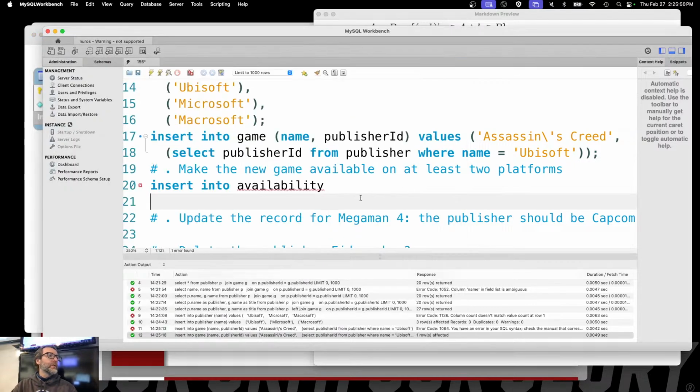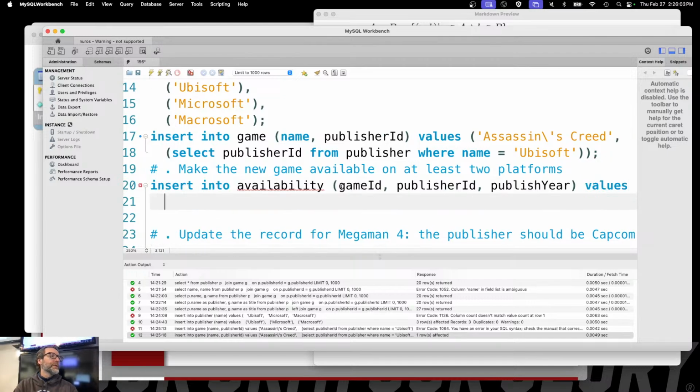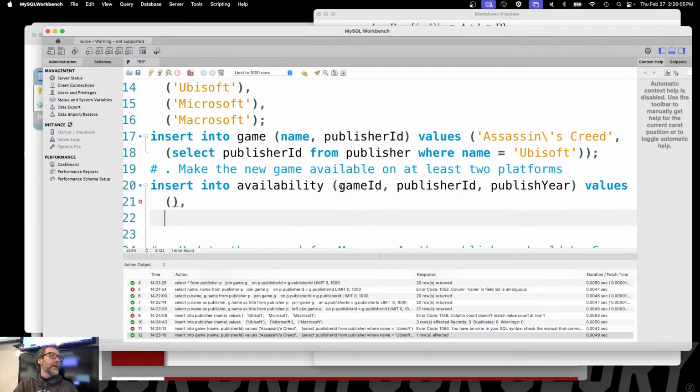So insert into availability, game ID, platform ID, and publish year, values. I don't know what the game ID is, I don't know what the platform ID is. We'll say that it was published in 2025, on the Index.